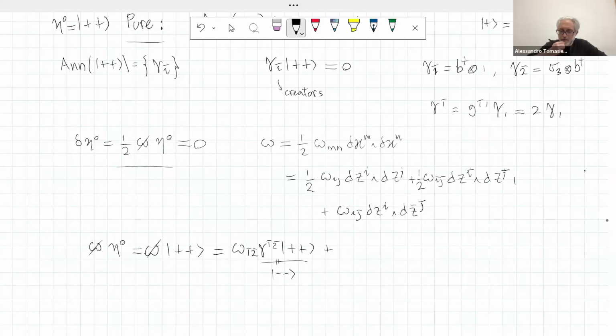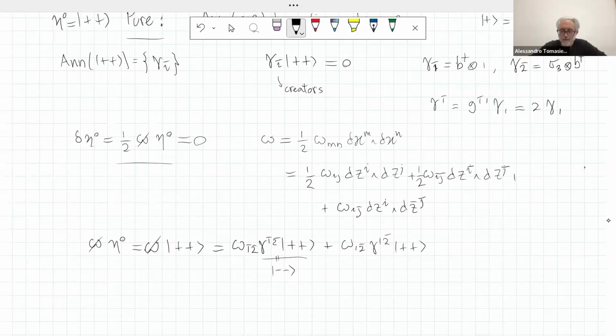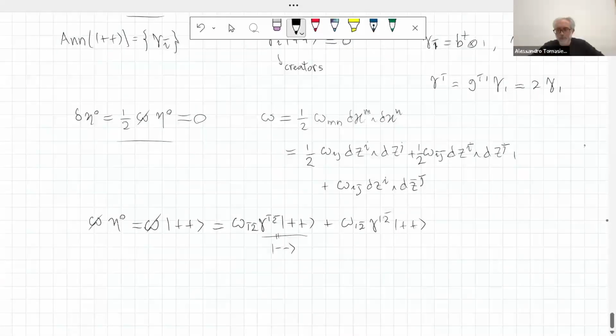Now, you might think that as a consequence, anything with a bar needs to go away. For example, this one, well, here you will be right.